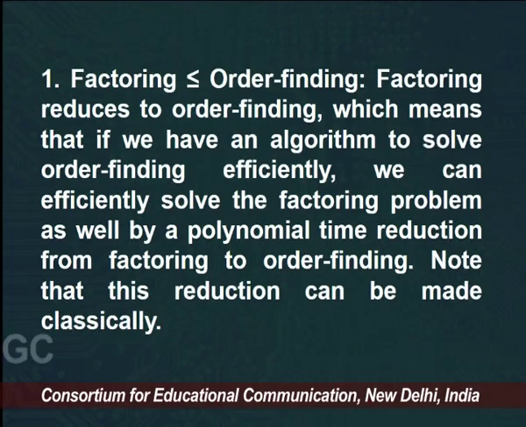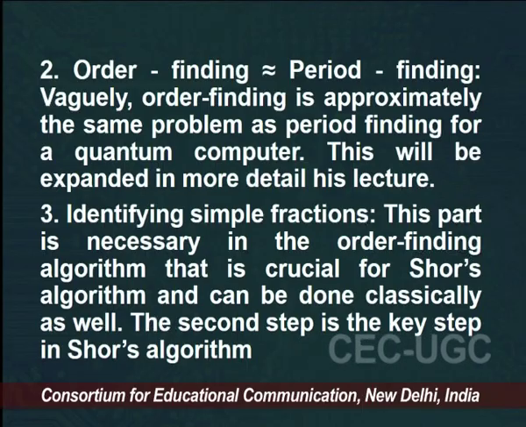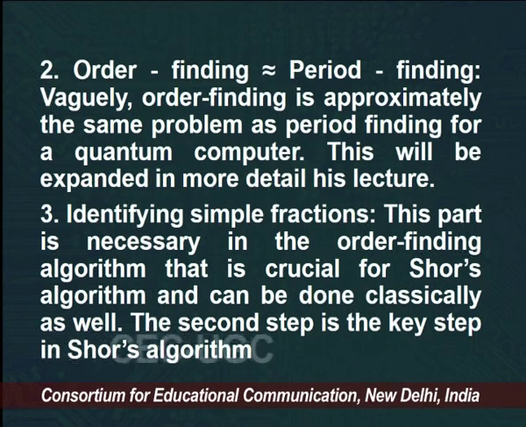Note that this reduction can be made classically, but in the form of the quantum, that is another form where we identify the simple fraction. But in the second step, order finding means period finding, that is approximately the same problem as period finding for the quantum computer. So, this will be expanded.